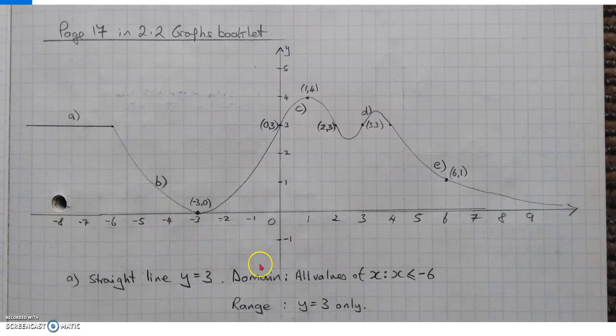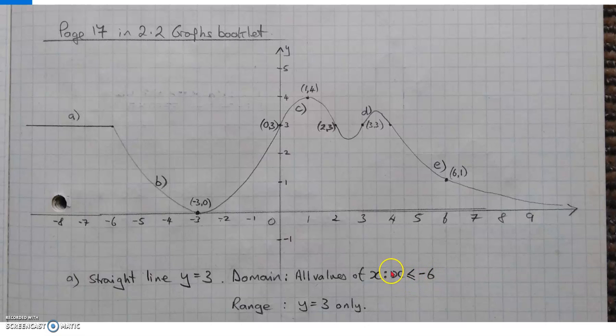Now, when you talk about the domain, one of the good ways of writing it is like this, but you must say it in the correct way. The domain, for this straight line, is all values of x such that x is less than or equal to -6.